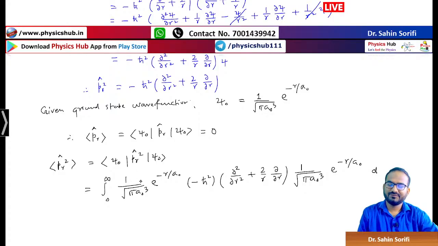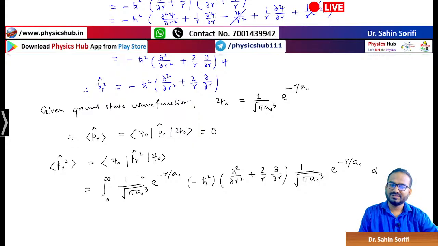Look, if it were in one dimension, then only dx would have been added here. If it is in 2 dimensions, then dx dy. If it is in 3 dimensions, you have to multiply the volume element dx dy dz.